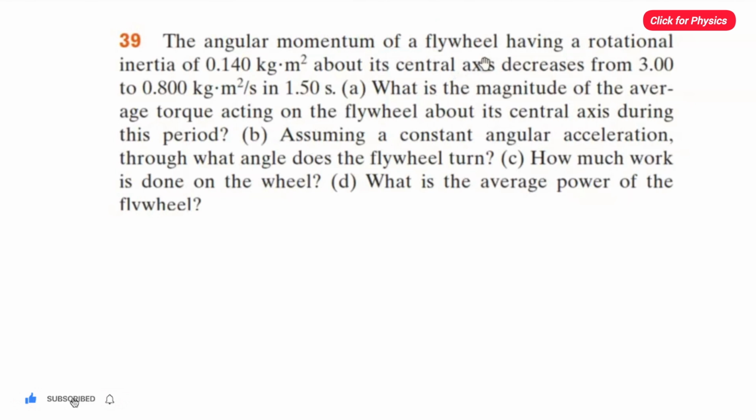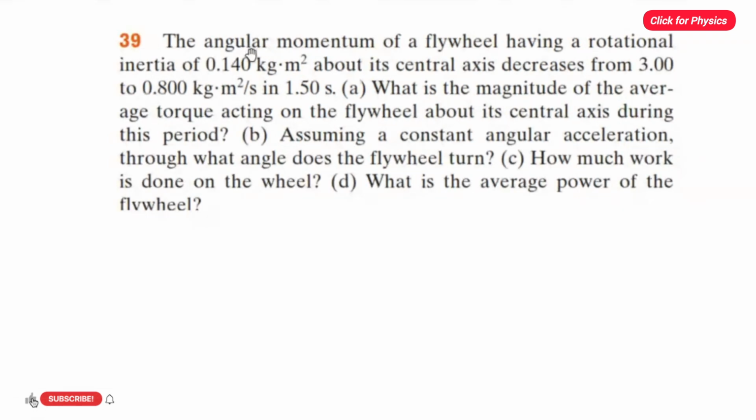So we have a flywheel, and this flywheel has the rotational inertia I, which is nothing but 0.14. And what happened here? Its value decreases. That means its angular momentum value decreases. So the initial value of the angular momentum is 3, and the final value of the angular momentum is 0.8. And this decrease takes place over a time interval of 1.5 seconds.